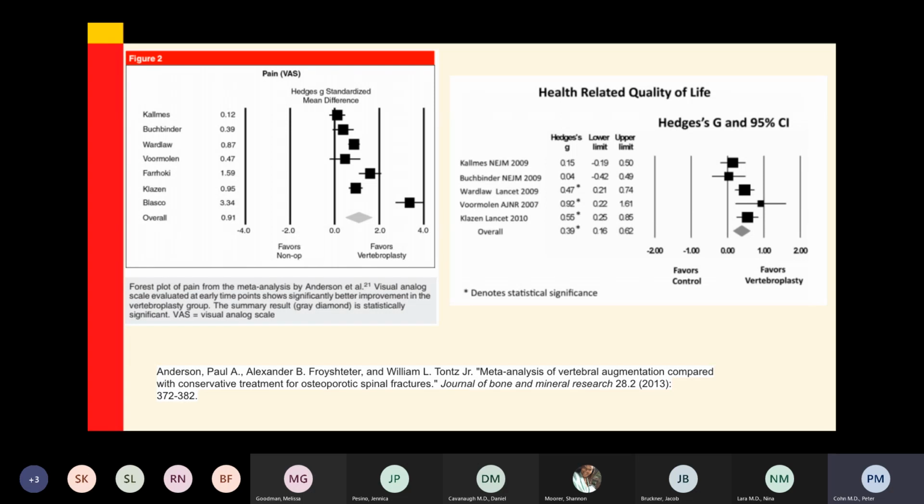And he found that all the studies, when you look at them as a whole, there was a significant benefit for pain and health-related quality of life scores. Particularly with the pain, though, even though this benefit's significant, these numbers are the actual VAS changes, and it's not clear that that change is really greater than the minimally clinically important difference. But there is at least a significant change.